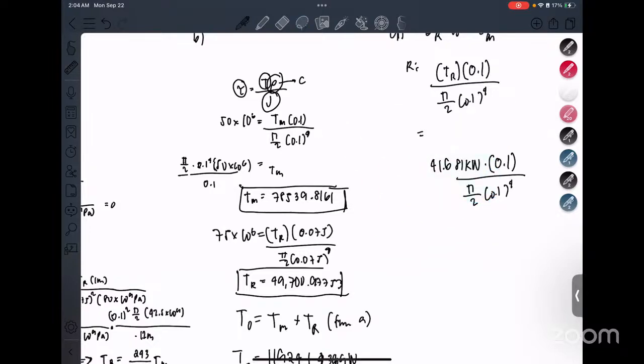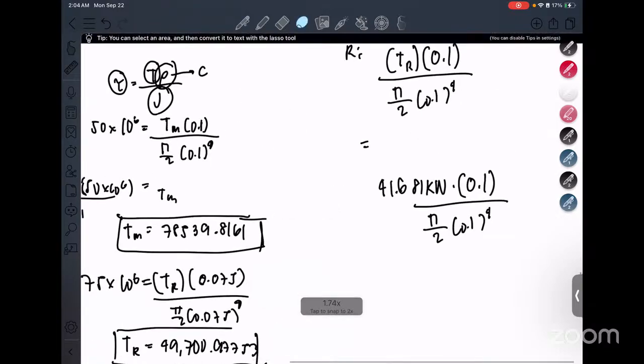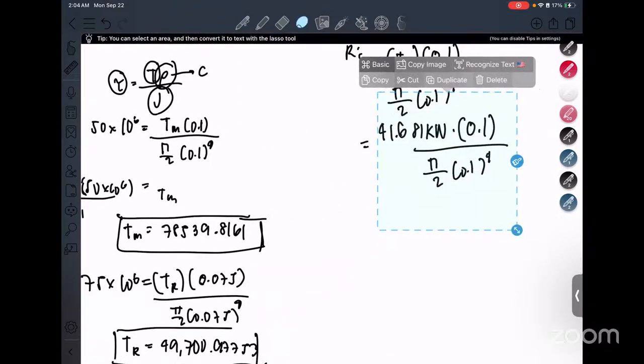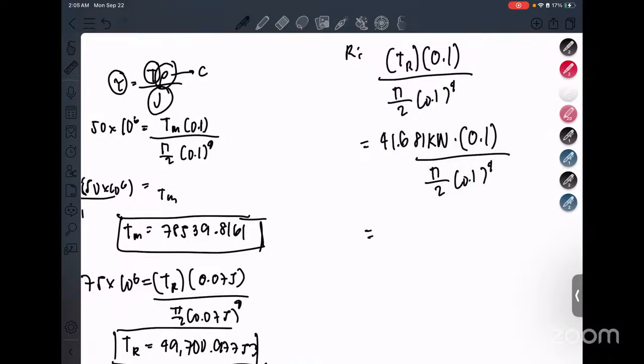This is equal to 37.127 megapascals. So that's the first part, the one for R.